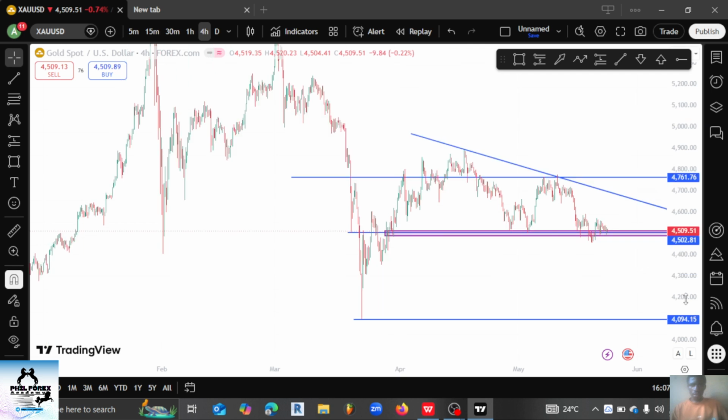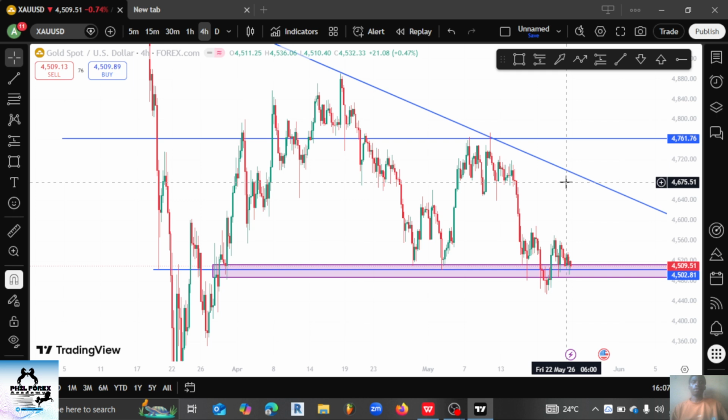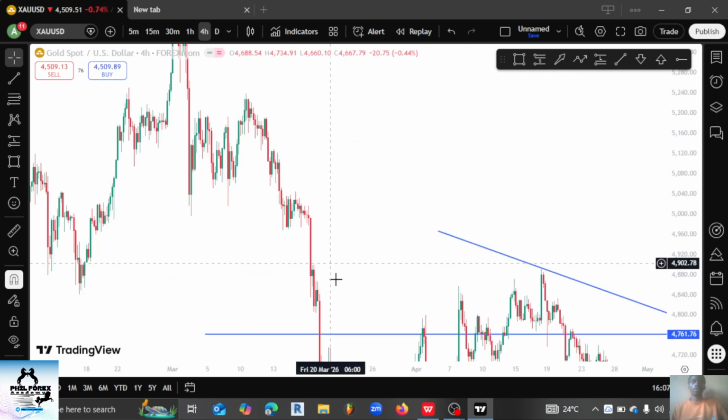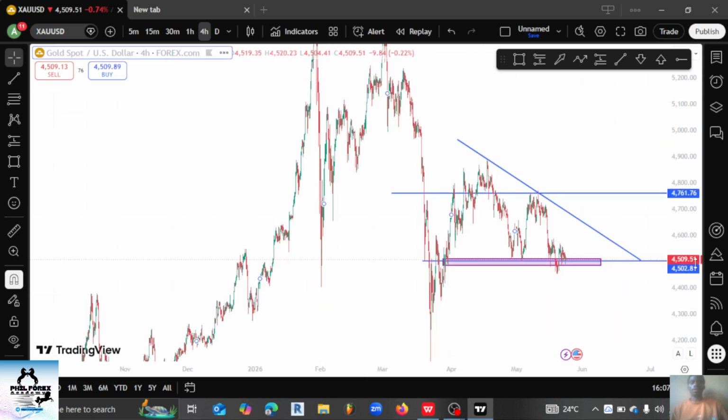this high that was made from here, right? We have this high, this downward movement, and we have this lower high, right? If we take like this, we are going to see it, right?